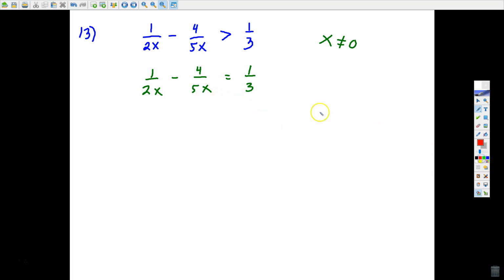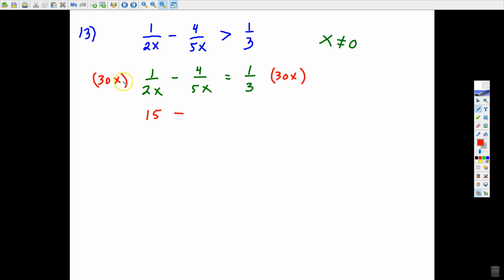We're going to pretend for just a minute that we're solving this equation. We need the LCD. So let's see if we can figure out what is the smallest term that we can divide into evenly. Looks like that's going to be 30x. So when I divide 2x into 30x, I get 15. 15 times 1 is 15.